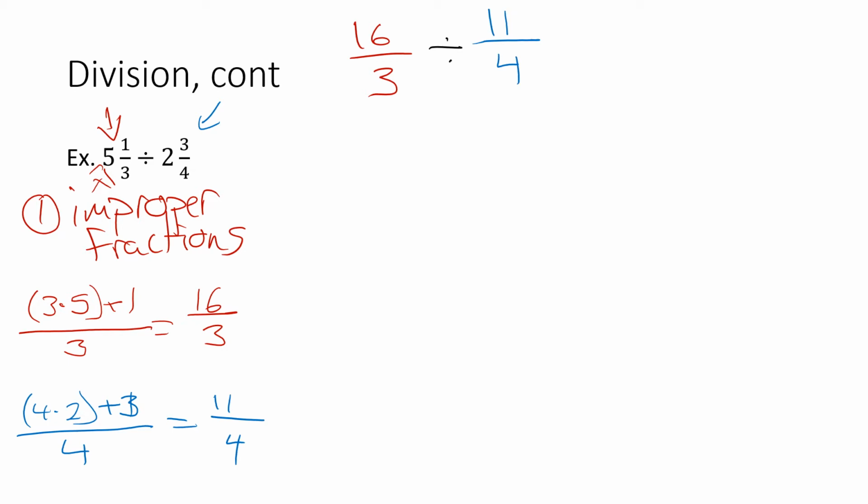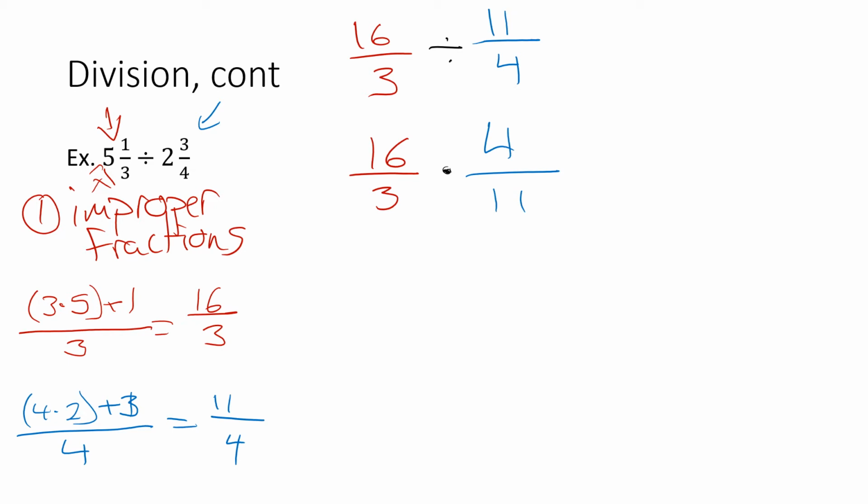All right, so copy dot flop. First fraction stays the same, 16/3. And then dot, we're going to turn our division into a multiplication. And then flop, the second fraction, we flop him upside down on his head. So now instead of 11/4, we have 4/11.